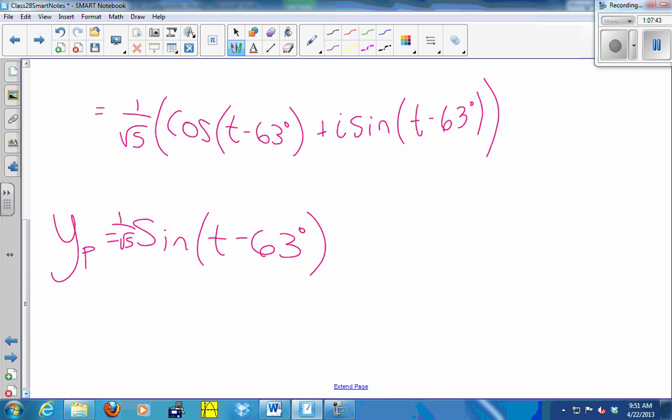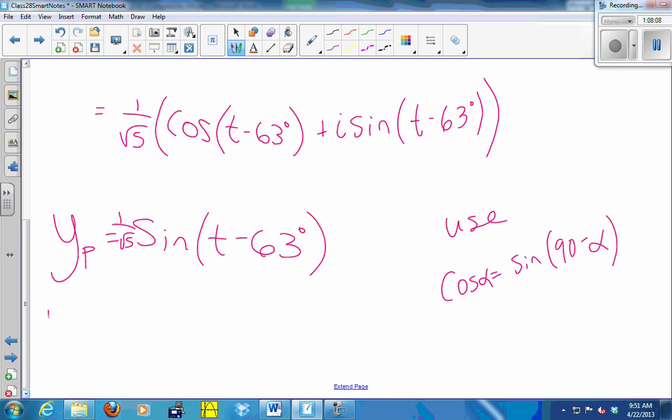But traditionally, we like to use cosine, of course, because we got sine. So we just use that cosine of any angle is sine of 90 minus the angle, because cofunctions of complementary angles are the same.